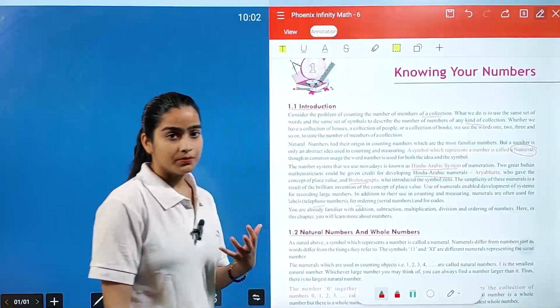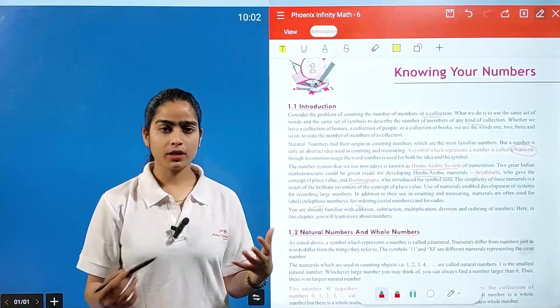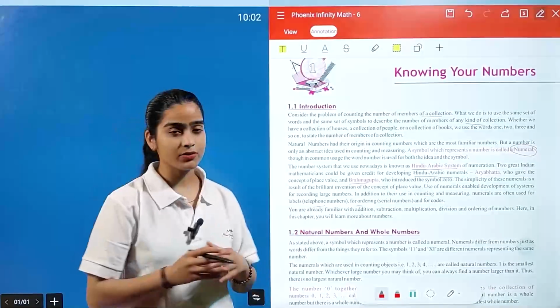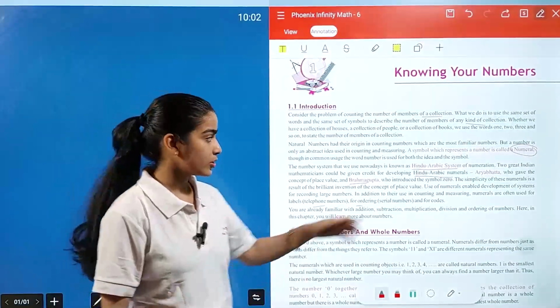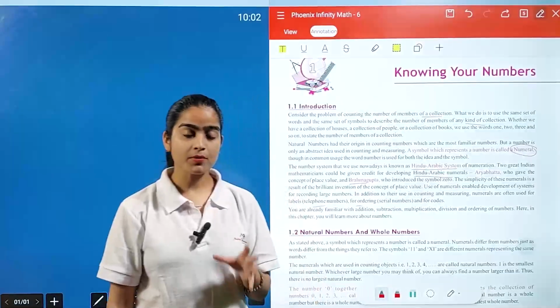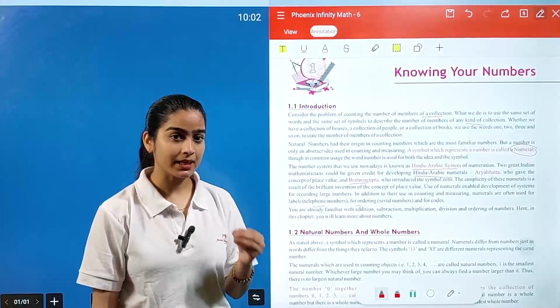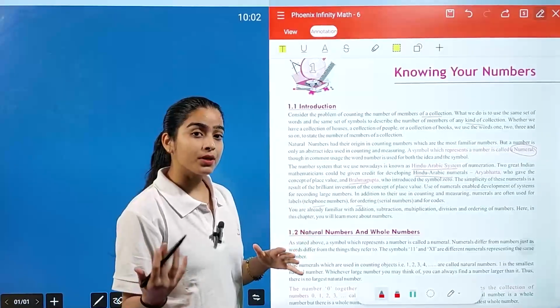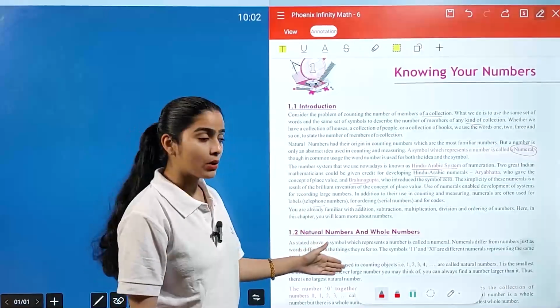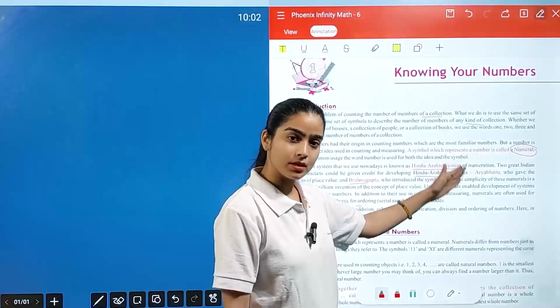So what we get by reading this is, first of all, the symbol we give for numbers is called a numeral. After this, what kind of number system are we using nowadays? We are using the Hindu-Arabic number system.